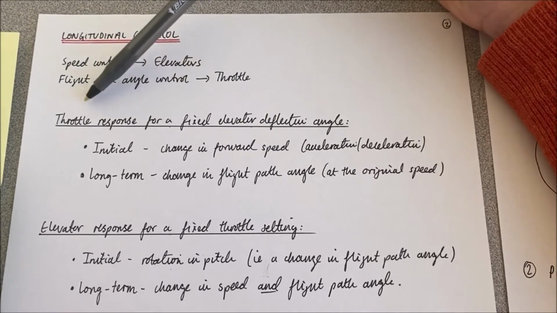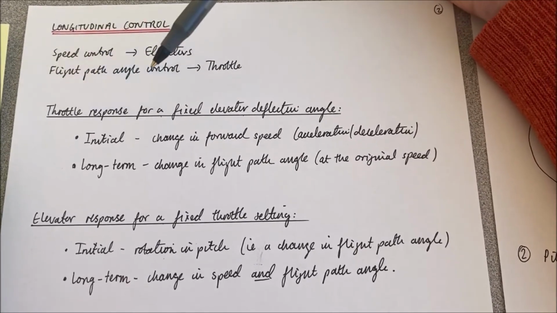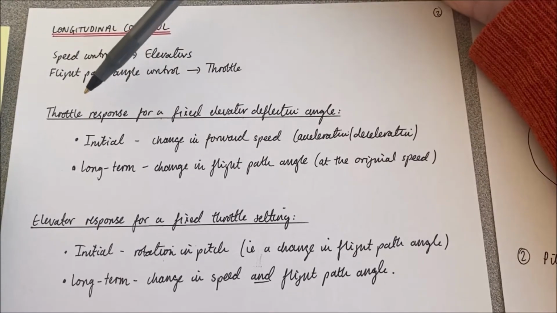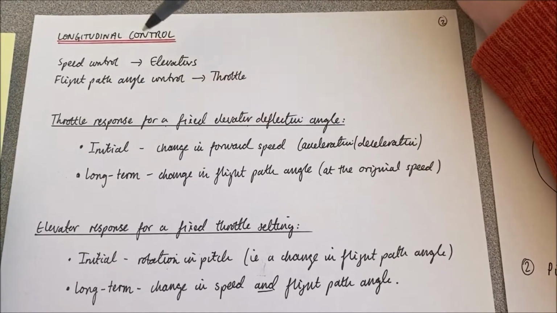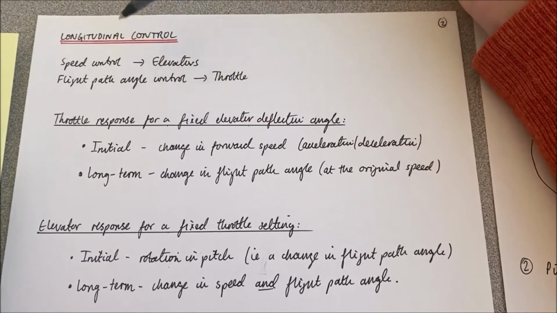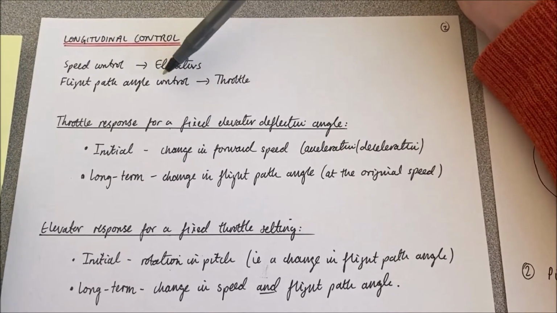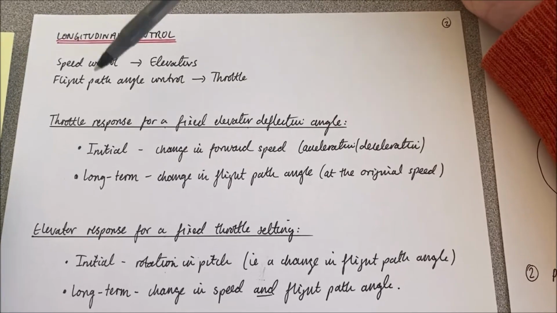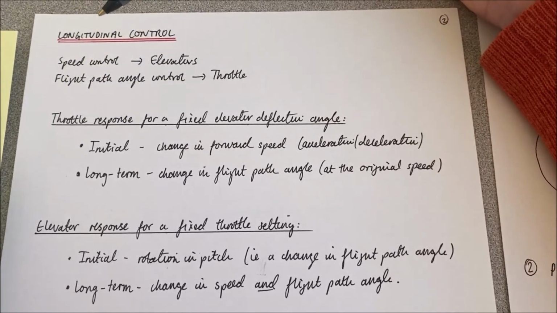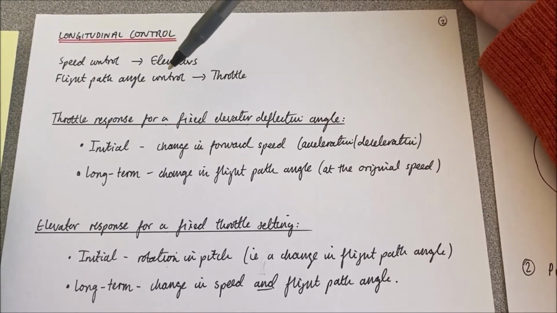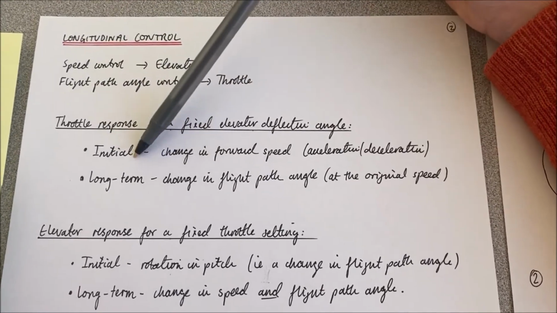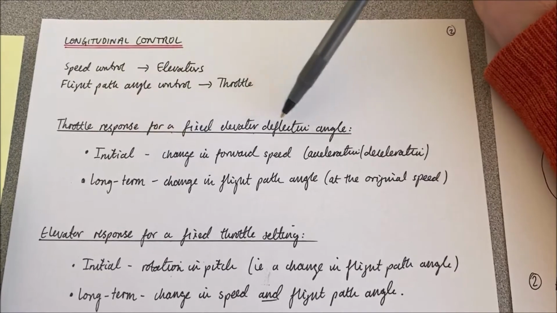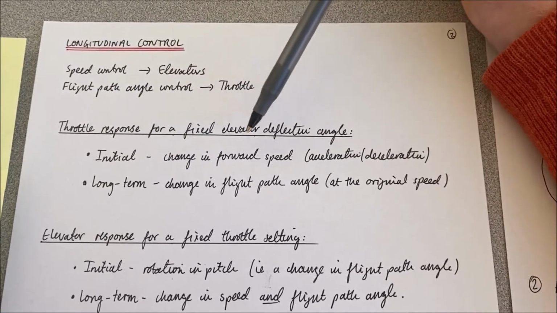So for example, if the aircraft responds to a throttle input for a fixed elevator deflection, what we're doing here is describing what happens if we change one of these to a new condition and leave the other one the same, right? So in this case we're going to change the throttle application for a fixed elevator deflection and watch what happens. Well, in the initial stage we get an acceleration or a deceleration, right?